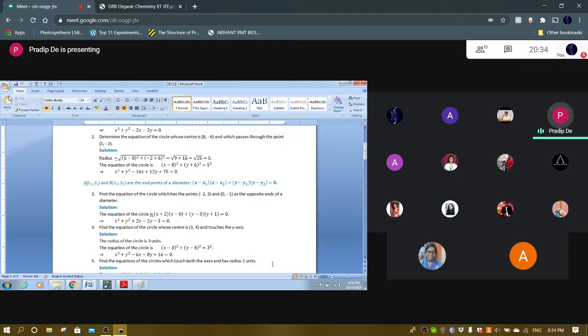Can you visualize and draw a diagram? And find out the center. Radius we know 3. If you can find out the center, then you can find the equation. But we want the equations because there are more than one circles.